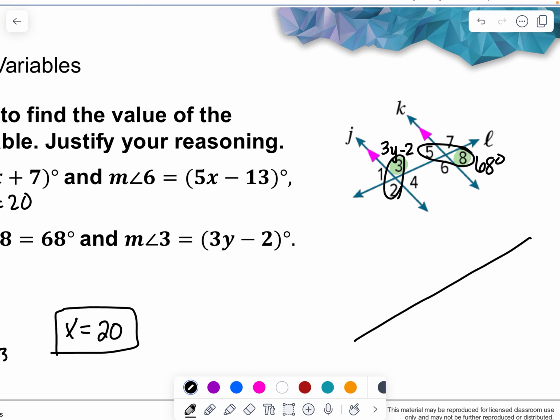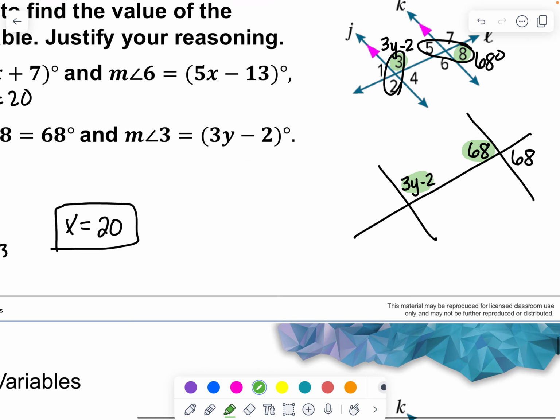So if I go ahead and draw it a little bit bigger, if this is 68, I can make this one 68 also. And then this is 3y minus 2. Then these two have a relationship. Those are consecutive interior, and those are supplementary.